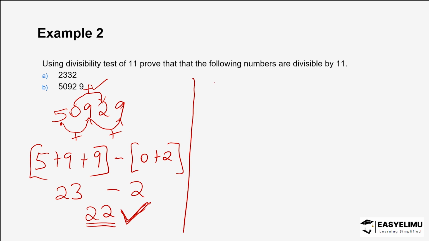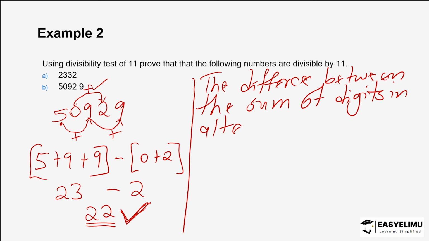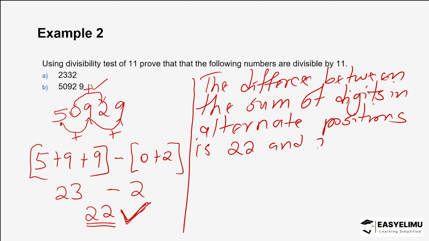So you will say the difference between the sum of digits in alternate positions is 22, and 22 is divisible by 11.